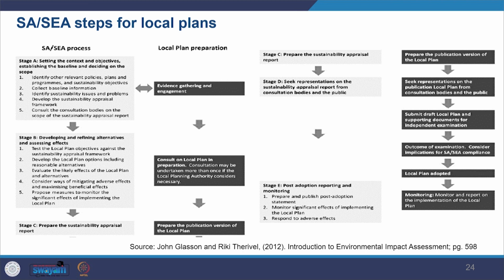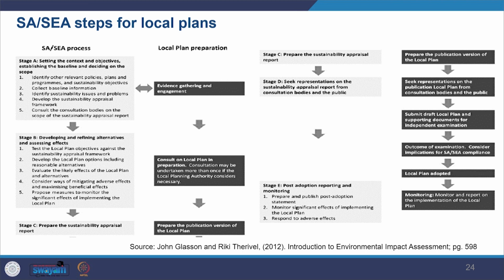Similarly, you can see how the monitoring and reporting part is also taken care of in the SEA process. So you have here all that is really going to happen in your area, how you keep on informing that, and how that relates with SEA, how it links at the very beginning stage here.